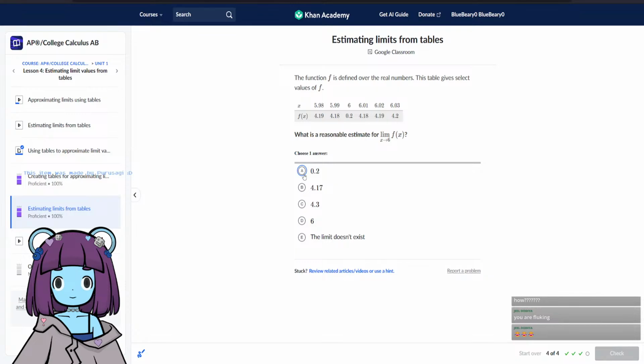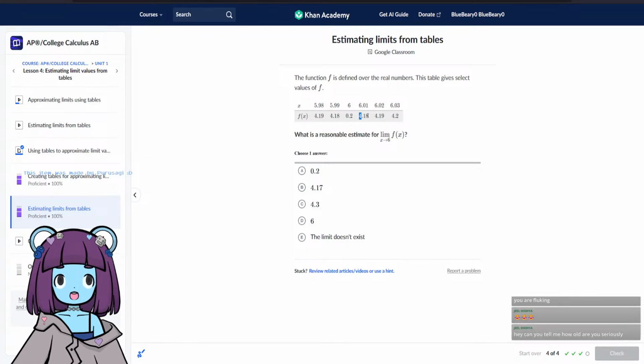The function f is defined over the real numbers. This table gives select values of f. What is a reasonable estimate for the limit of f of x as x approaches 6? This one, it decreases and then it increases again. Assuming it's in between these values somehow.